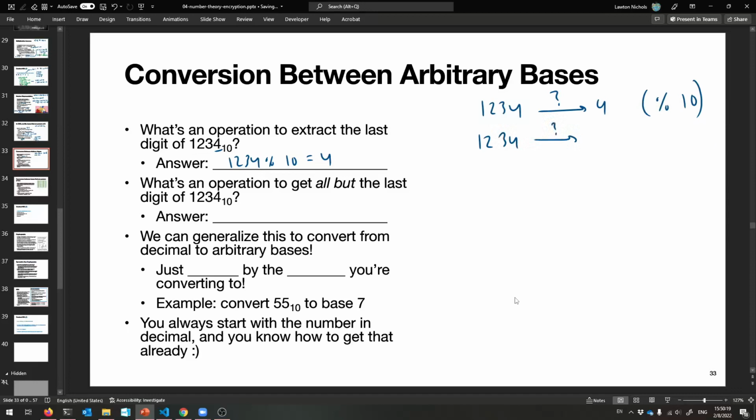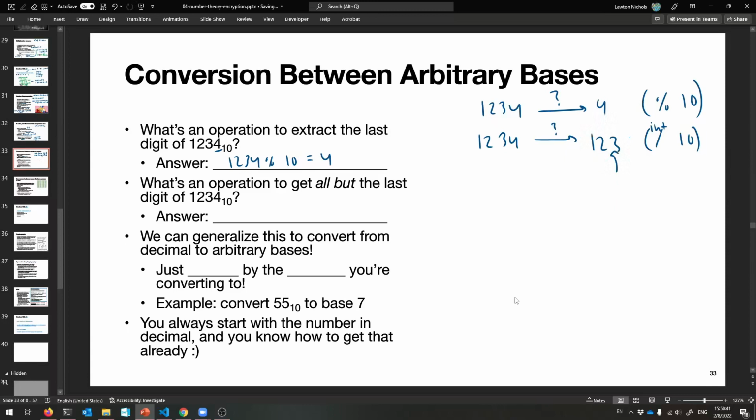What do I do here to end up with 123? If you think about it long enough, it's kind of like the opposite of mod. It's actually divide. Integer divide by 10. Int division will give you 123 because it drops any decimal places. So that shifts away the 4, and now I can do the same process to get the rightmost digit here.